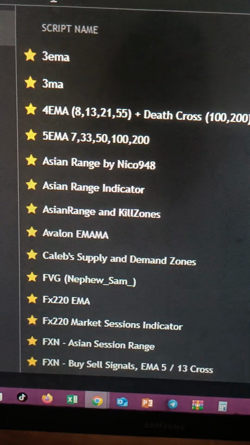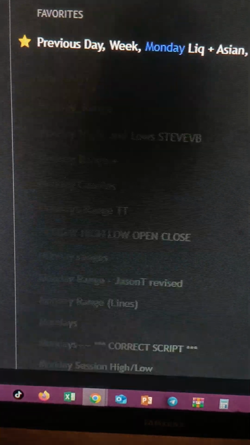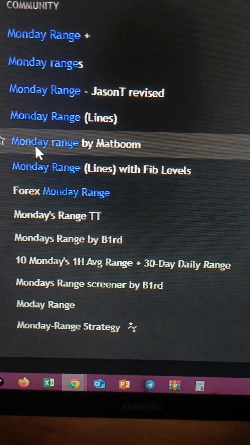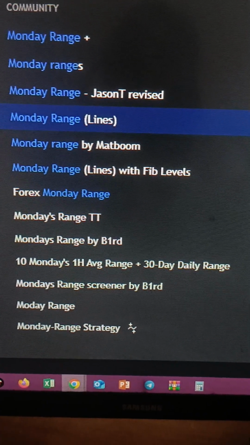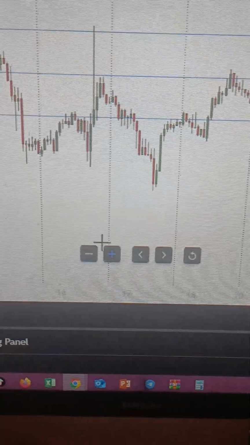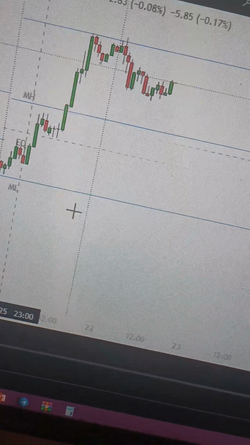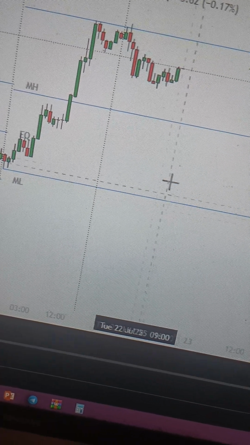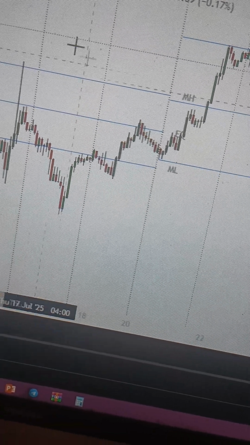I want the one that draws the Monday range for the rest of the week. I think it is this one. I really hope it is this one. It is this one. It draws the Monday range, and then we have the 50%, and then we have the low of Monday.